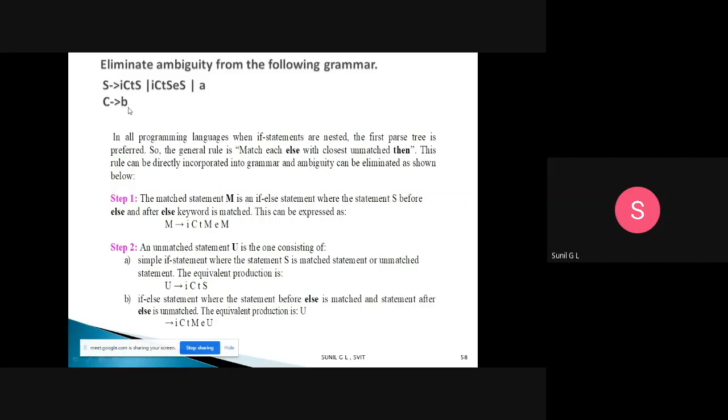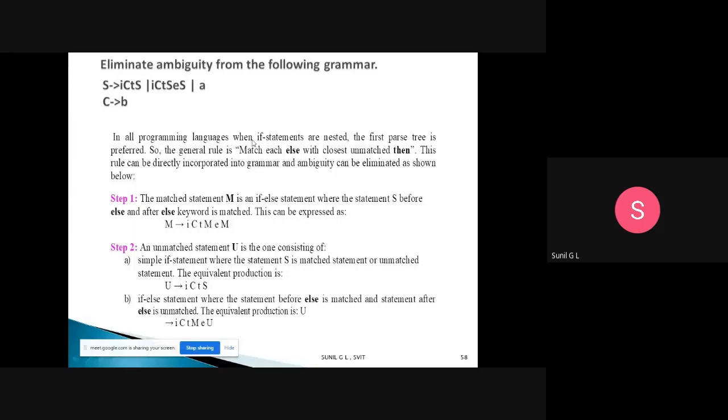So they have given the if statement and the if-else statement. When I derive these, if I add this S with this iCtS, or if I add this one with this else, then we will get a dangling else problem.